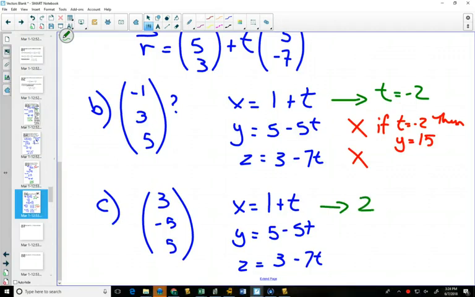And if you plug it into the second one, 5 minus 10, that works. And if you plug it into the third one, 3 minus 14, doesn't work. And so this point is also not on the line.